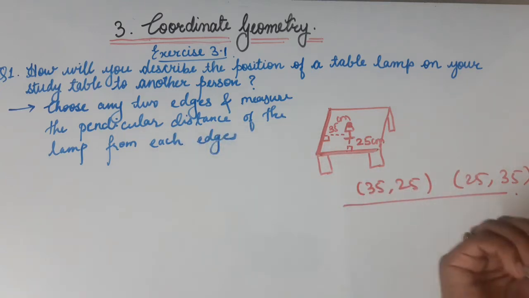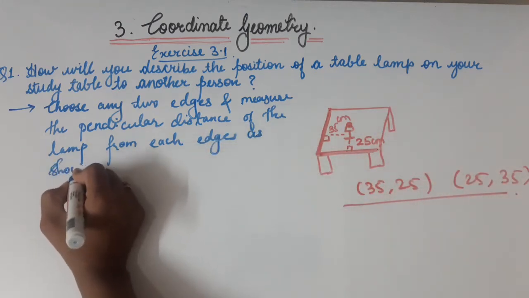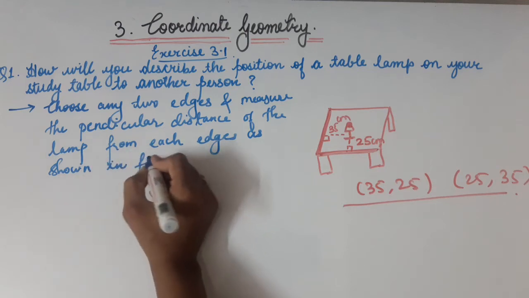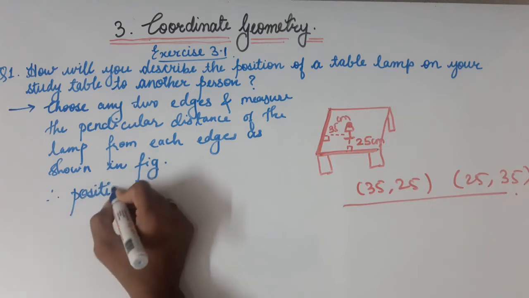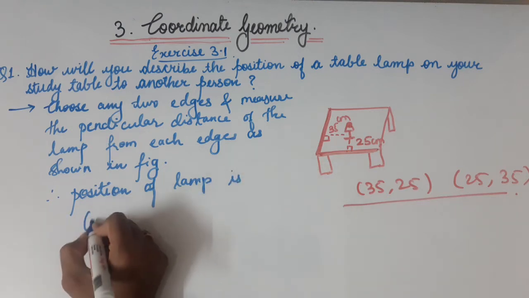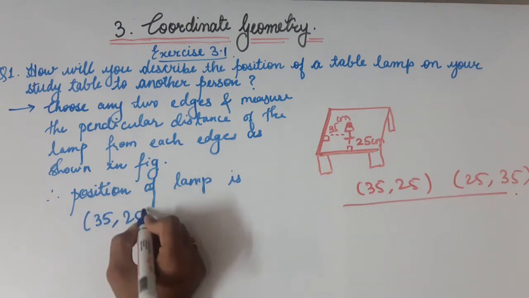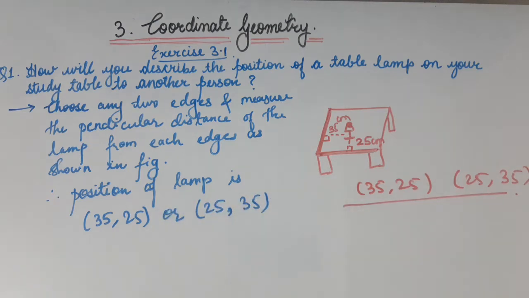So this we have calculated, and as we have shown in the figure, therefore the position of the lamp is 35 comma 25 or 25 comma 35, depending on which one you are fixing as x and which one as y. So these are the two possible positions for the given lamp. In this way you are going to describe it.